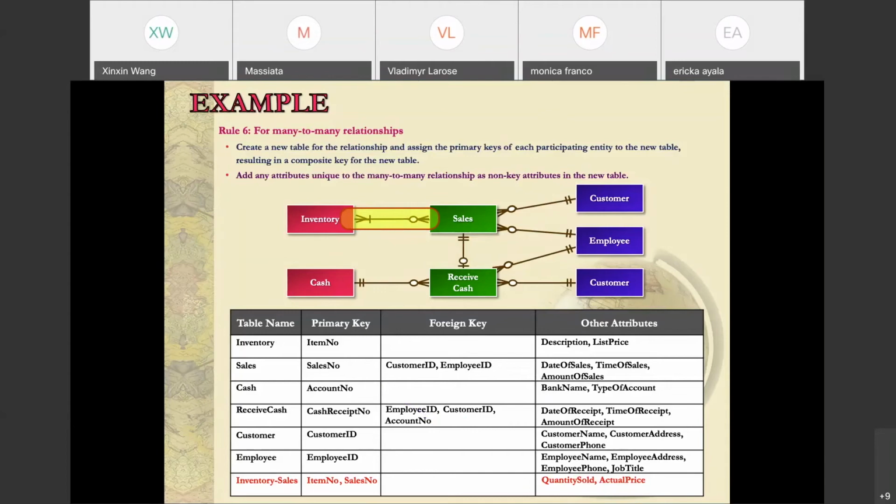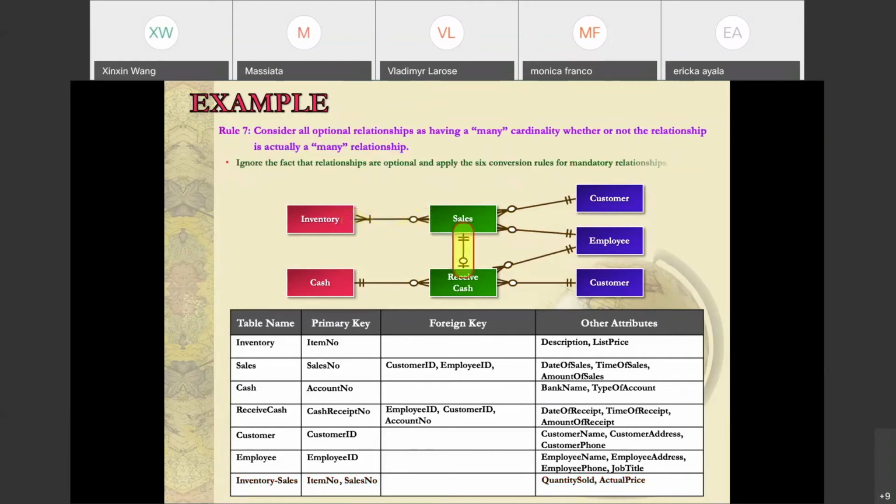So for a many-to-many relationship, we create a new table. Oh, okay. So if it's many-to-many, we create a new table. But if it's one-to-many or one-to-one, we keep the original tables. Okay. Yes. Thank you.